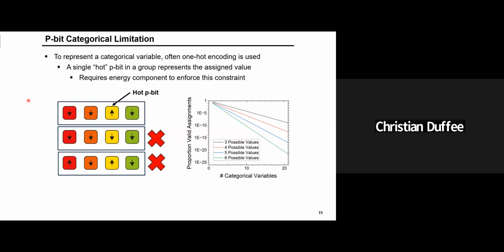And so for large systems, you will always have some p-bits that are in the wrong state, and you can't directly read out your encoding of your problem. Here on the right, you can see that the proportion of valid assignments out of our total state space decays exponentially as we increase the number of categorical variables, even for a very small number like 20 here.